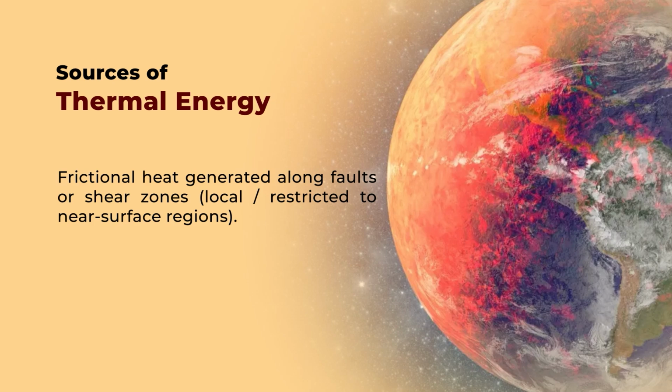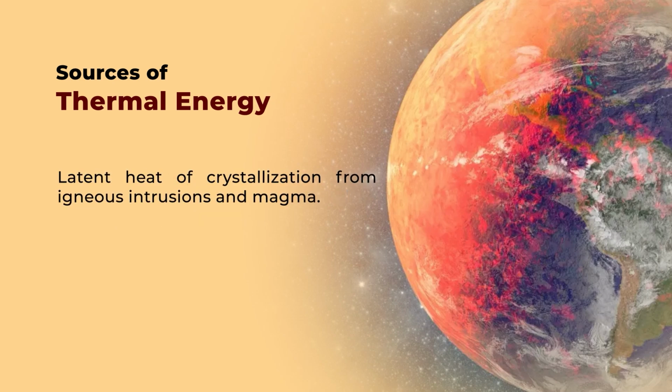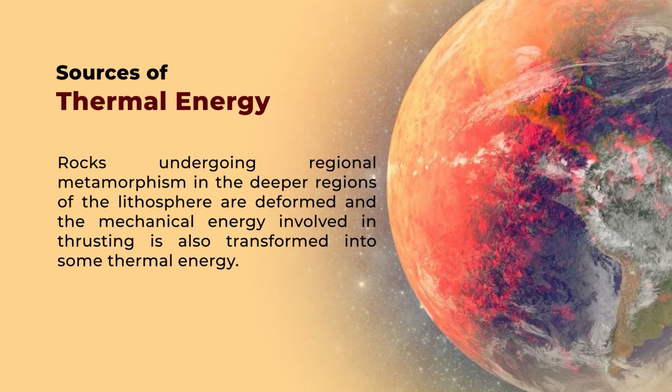Then again another source of heat can be the latent heat of crystallization from igneous intrusions and magma. Now, the rocks which undergo regional metamorphism in deeper regions of the lithosphere are deformed and the mechanical energy involved in thrusting is also transformed to thermal energy.